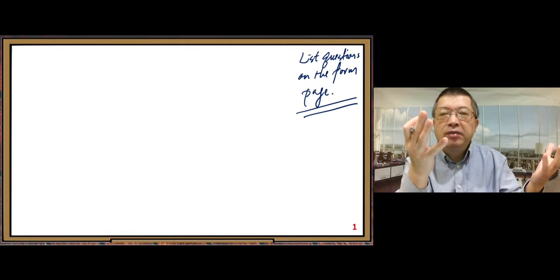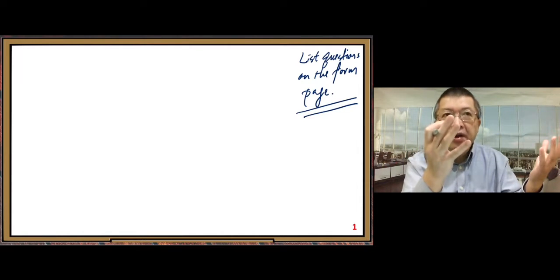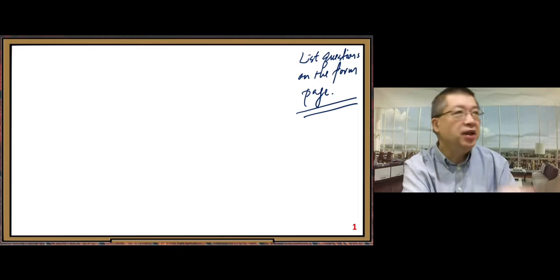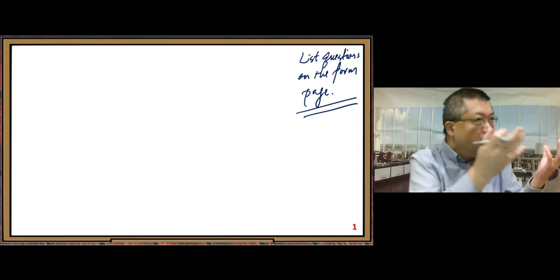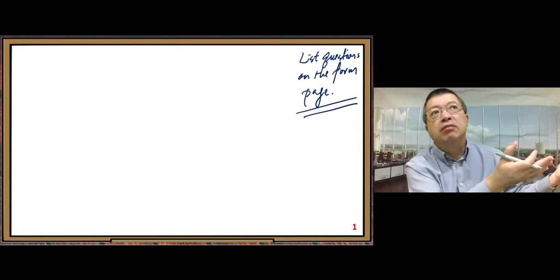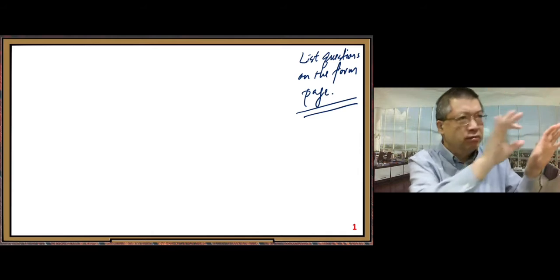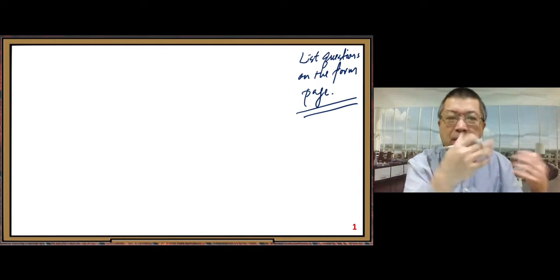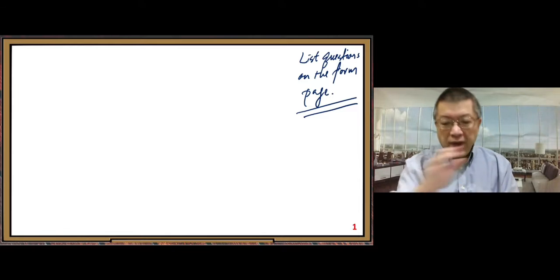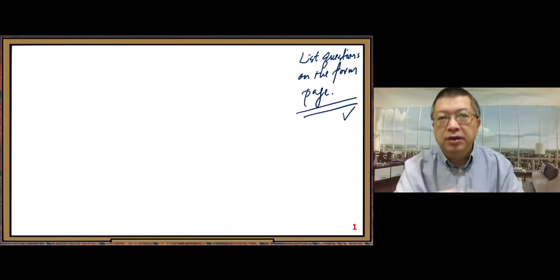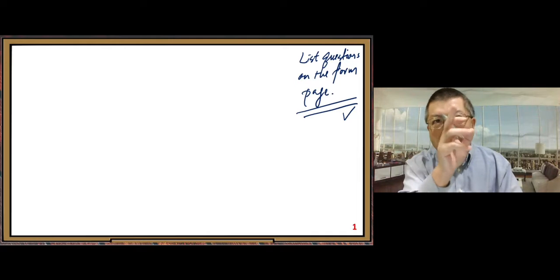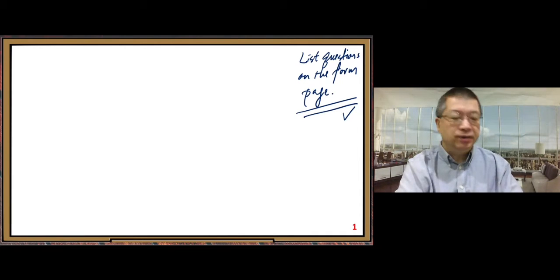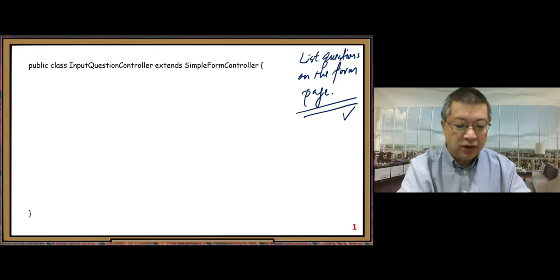That part is not there in the Duke Spring example. We do not need to display data retrieved from database, right? We display some static content, but we do not display dynamic content. But in this one, we need to display dynamic content. So we need to add that new method in our controller. Let me explain how to do that.